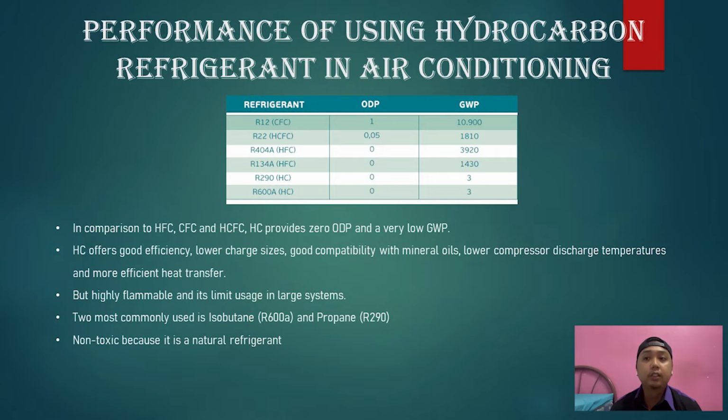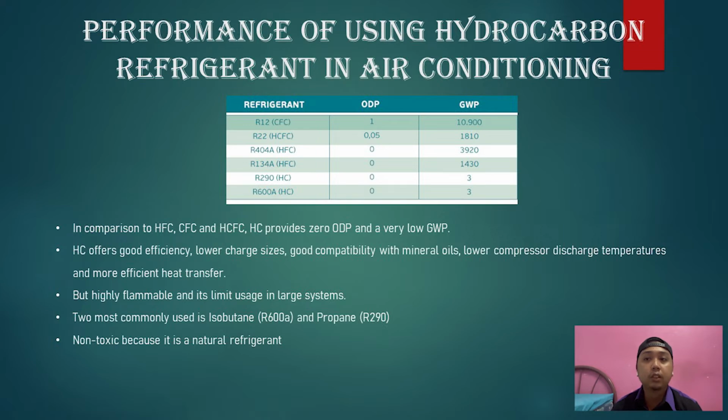Nowadays, R134A refrigerant is the most commonly used refrigerant in domestic refrigerators, which is causing serious environmental effects. To overcome this problem, there is a need to change the refrigerant, where we have used R600A as a refrigerant, which is examined for the comparison of COP of R600A and R134A.